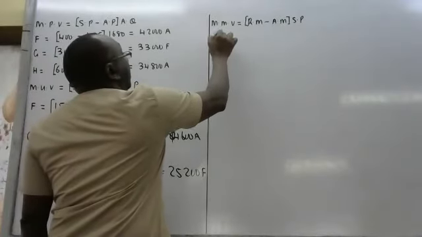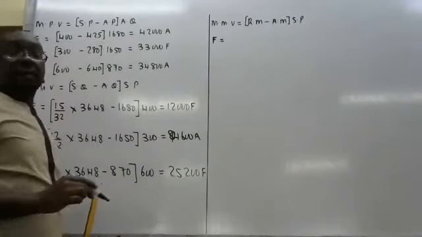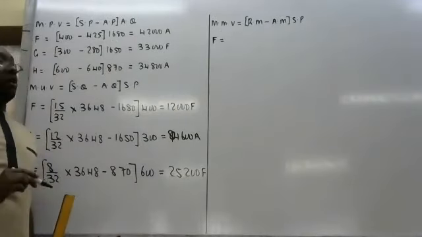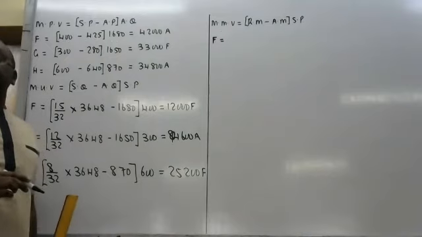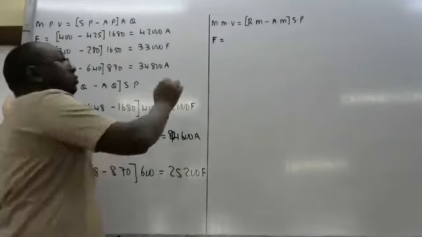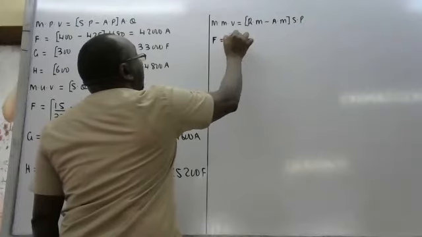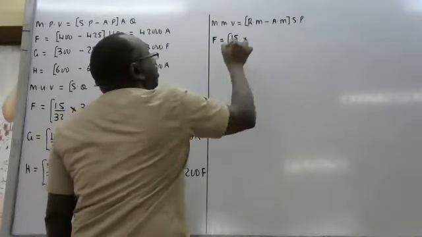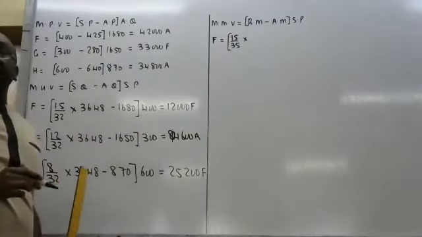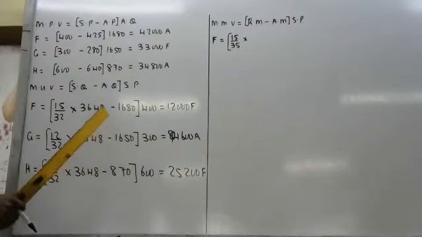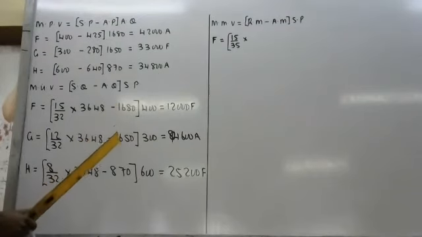F is the mix. I've just said a while ago is about the proportions. So F was to bring 15 in a total of that 5. So add these three, the 1680 plus the 1650 plus 870.